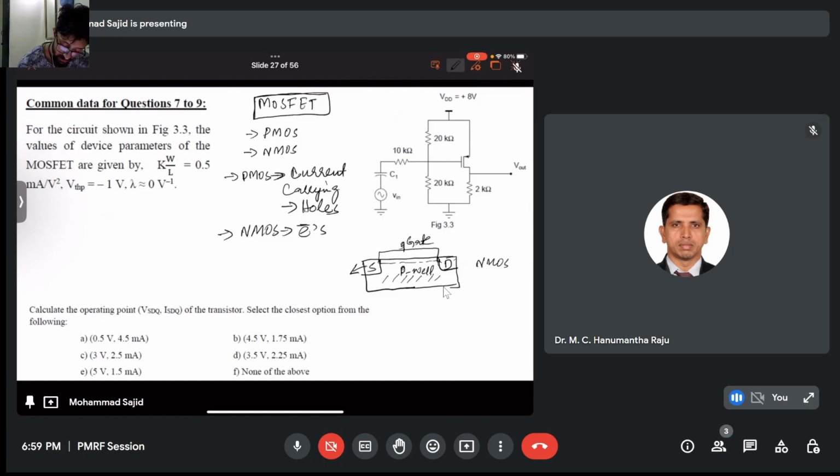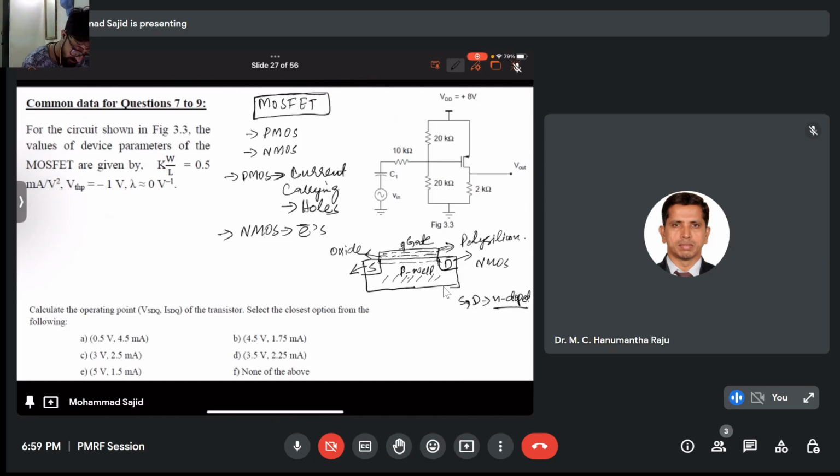And the source, drain are n-doped. We have studied about doping in the first session, right? So you know doping. So these are n-doped materials. This is a p-doped material. Gate, we have here oxide, and then we have metal, or usually polysilicon as well.